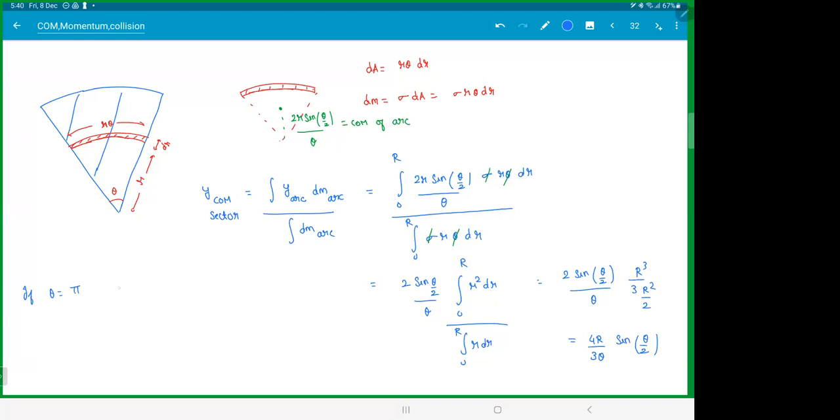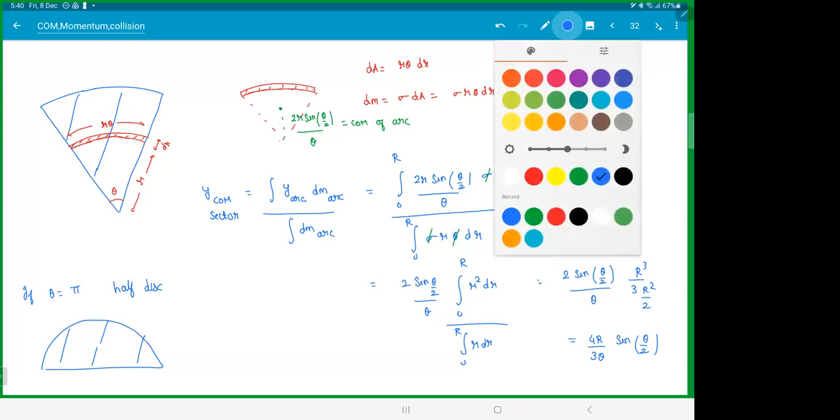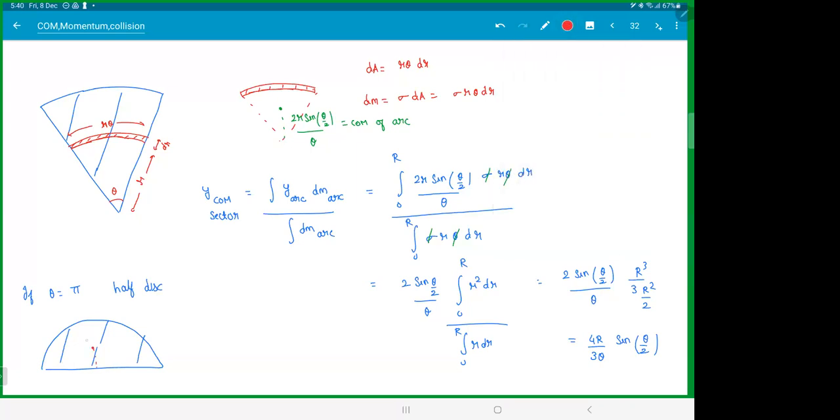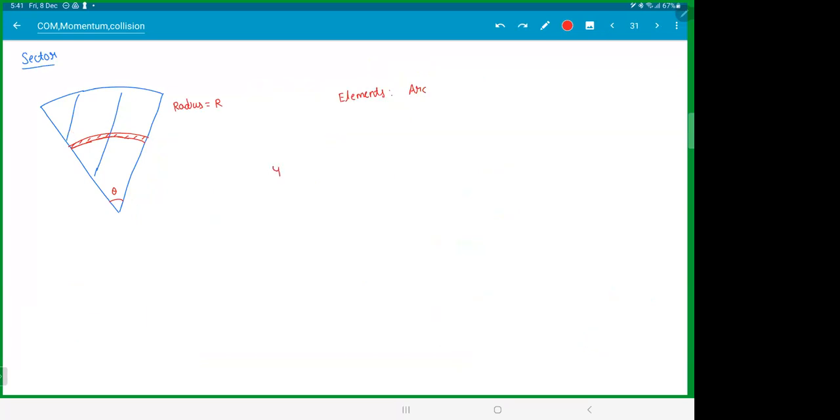If theta is equal to pi, we get a half disk, a semicircular disk. This is a standard result you need to remember. If you substitute theta equal to pi there, you end up with 4r by 3 pi. So for this thing, the center of mass y coordinate will be 4r by 3 theta on the bisector.